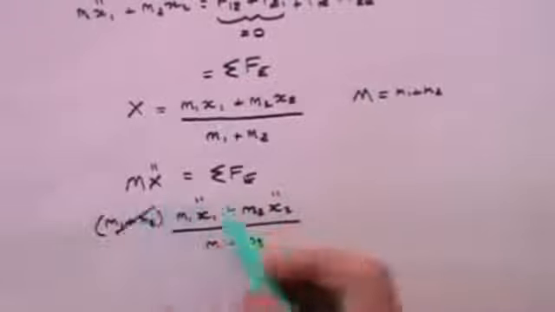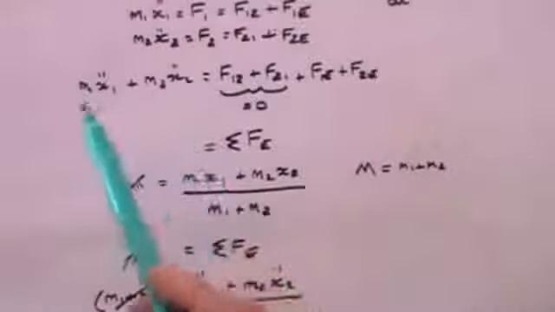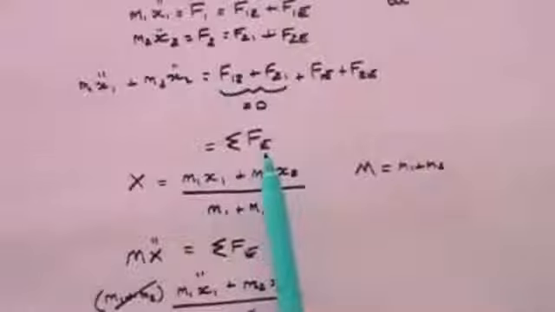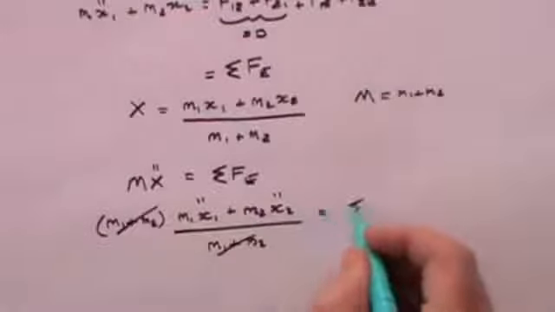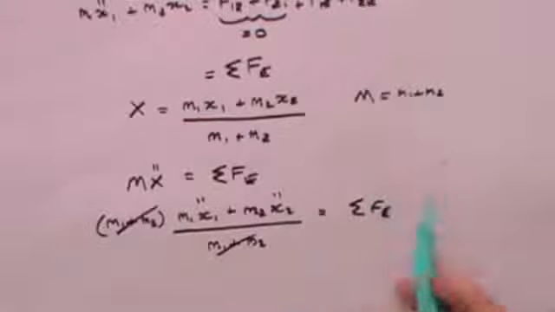You can see that the m1 plus m2 terms cancel, and now we're left with m1 x1 double dot plus m2 x2 double dot, but that's what we had up here. And that, we said, is equal to the sum of the external forces. So capital M X double dot is equal to the sum of the external forces.